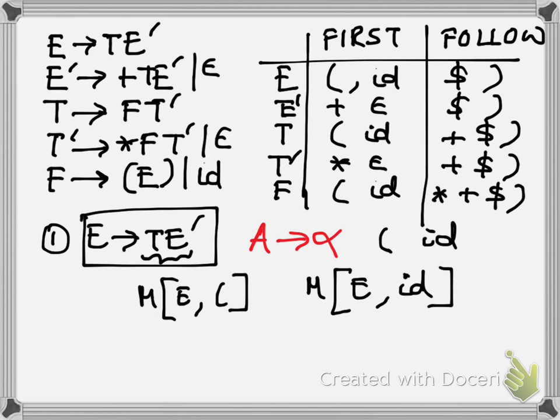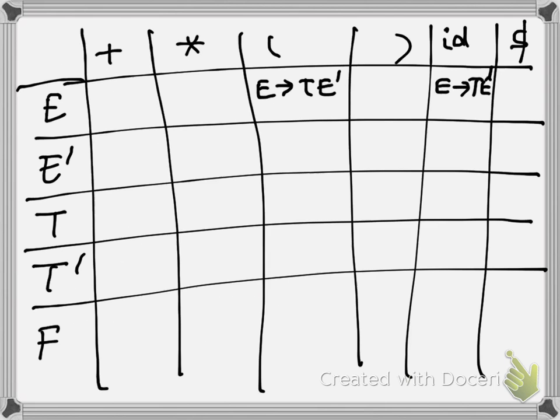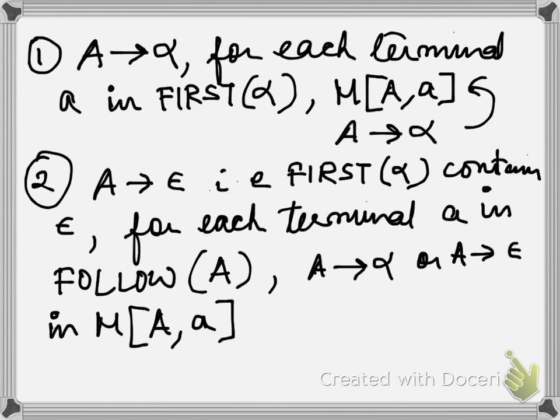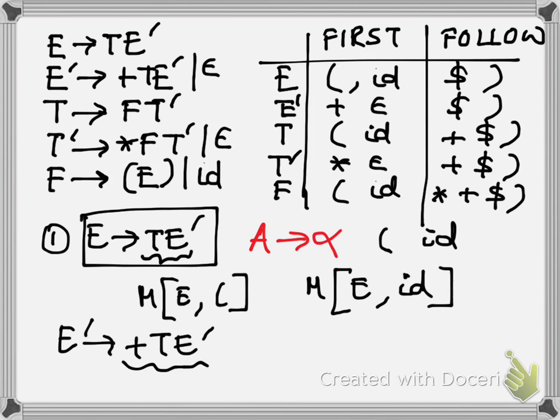Then for the second one, E dash derives plus T E dash, the first of this is plus. So for E dash on plus, we enter E dash derives plus T E dash. We'll look at the epsilon productions later on.